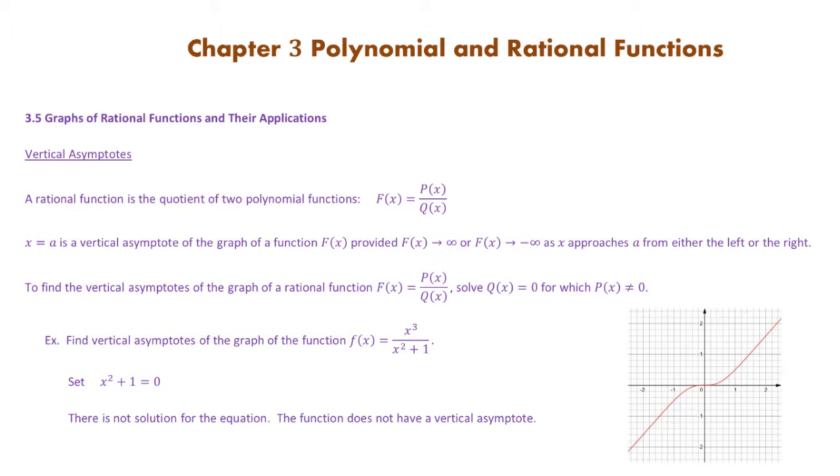That's exactly what I said at the beginning. The curve just approaches some vertical lines as close as it can, but it never touches them. So the curve just keeps going up or keeps going down without bound.